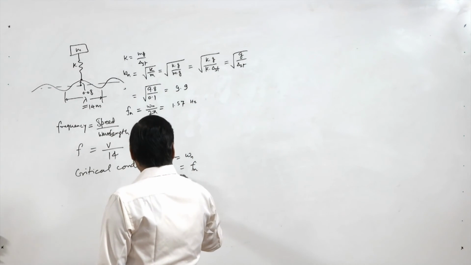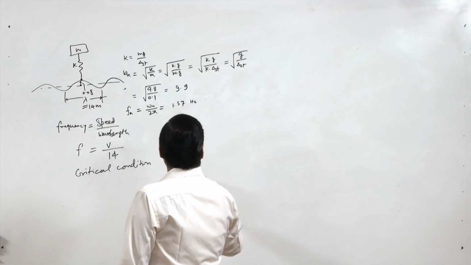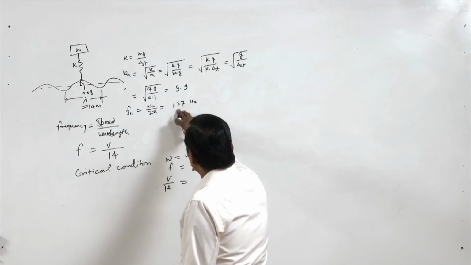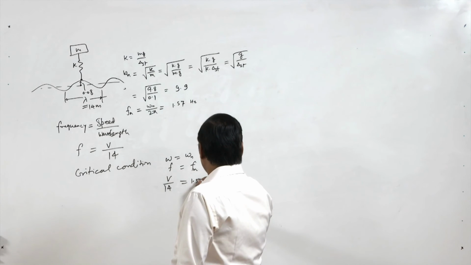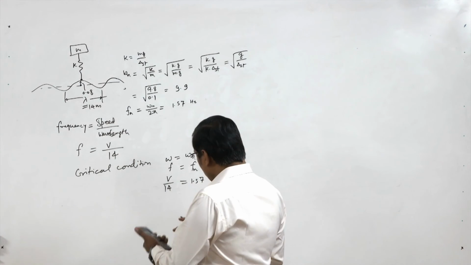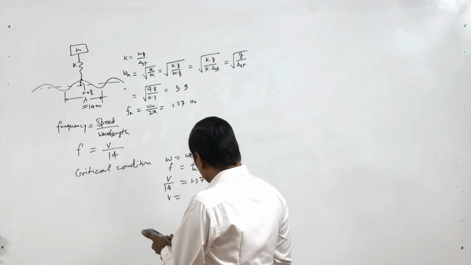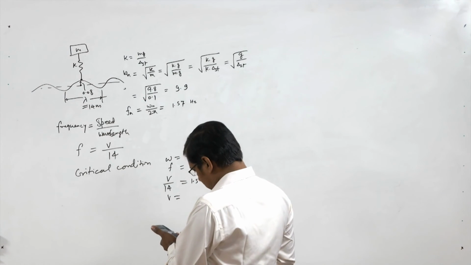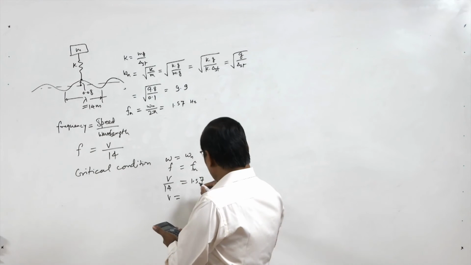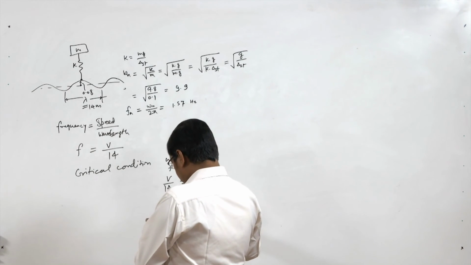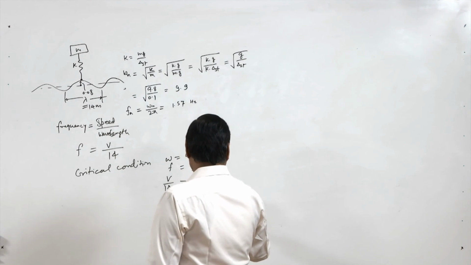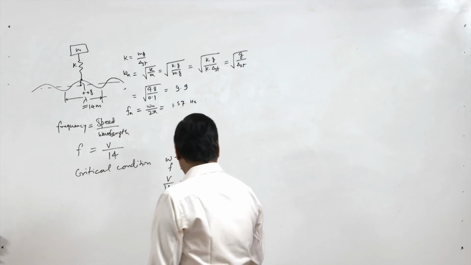So here v by 14 equals fn, which we have already calculated as 1.57. So we can get v, that is 22.06 meter per second.